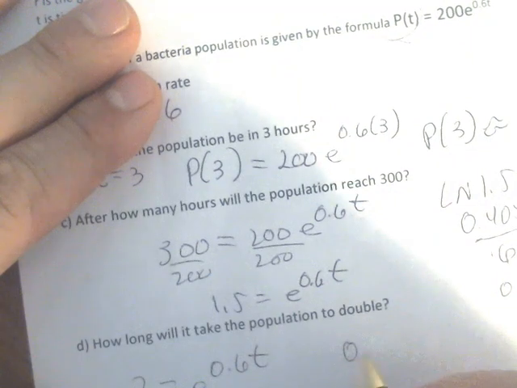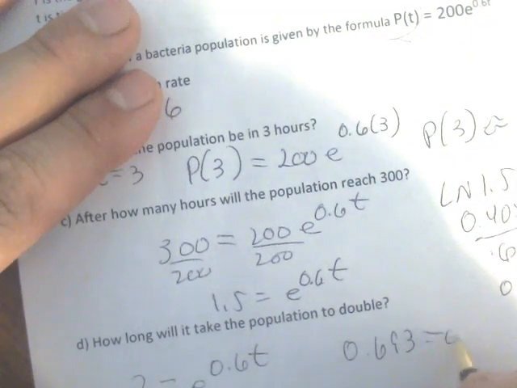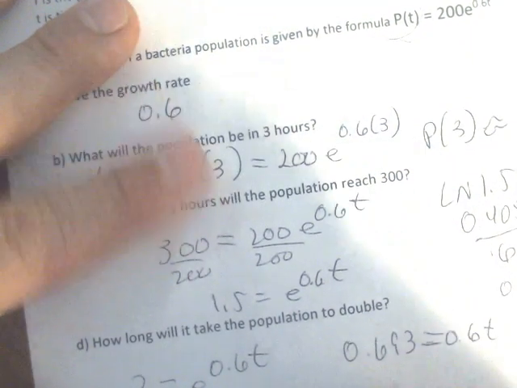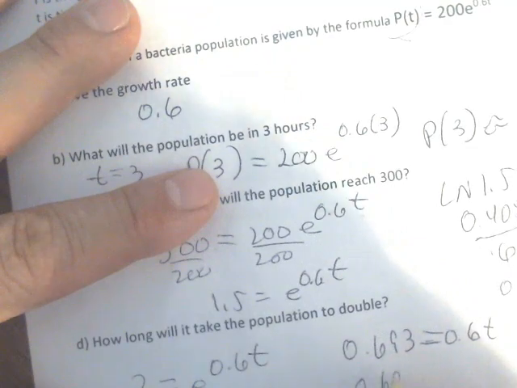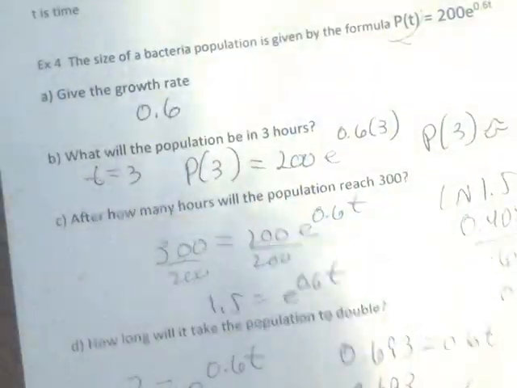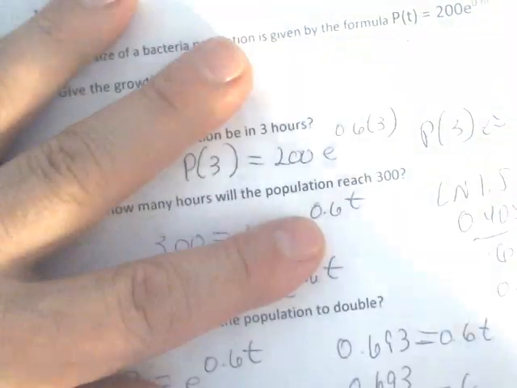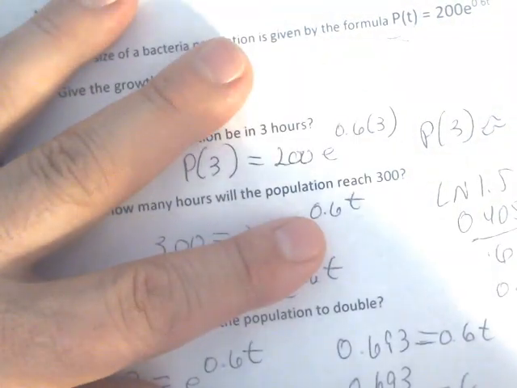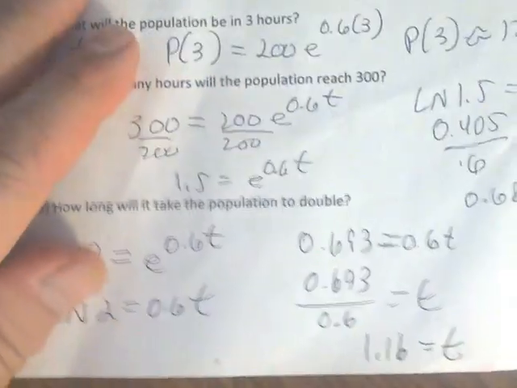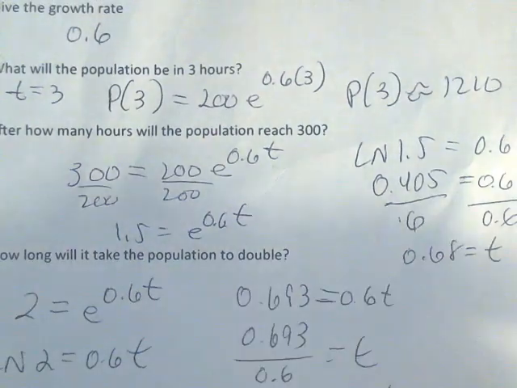So 0.693 is 0.6t. So take that, divide it by 0.6. And it's a little over an hour. 1.16 hours is t. Okay, so that's what we're doing.